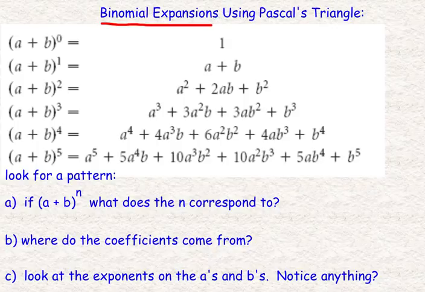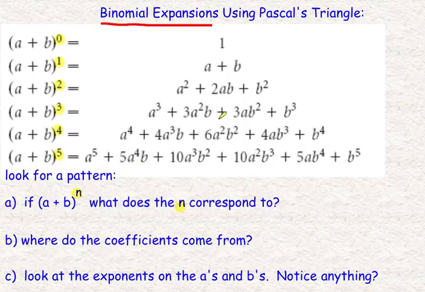Okay? And I'm going to try to do maybe some highlighting, see if that'll work. So I want you to try to figure out what's going on with this n value, and I want to know what does the n correspond to. So just kind of look, 0, 1, 2, 3, 4, 5.